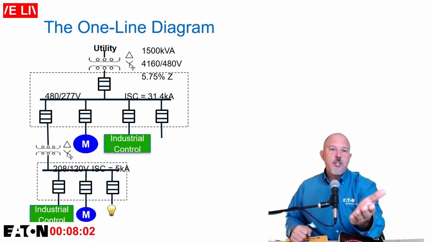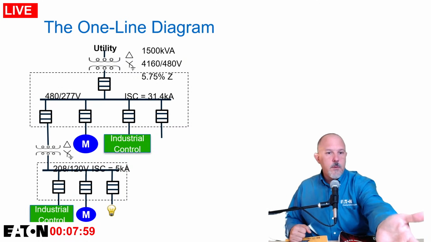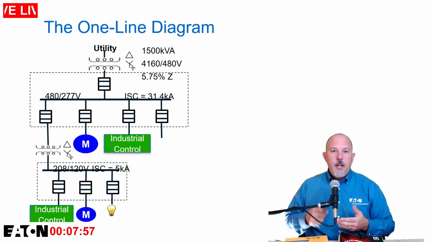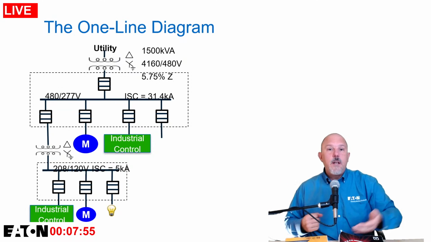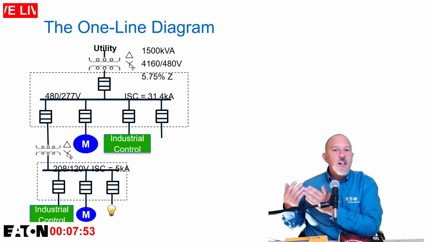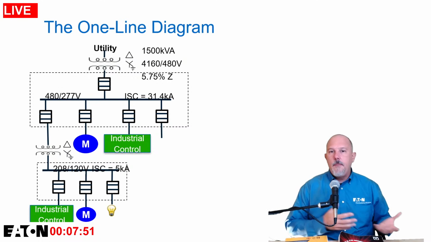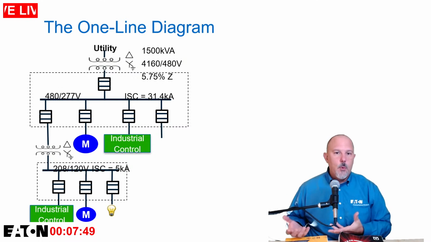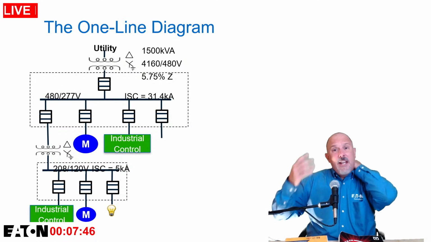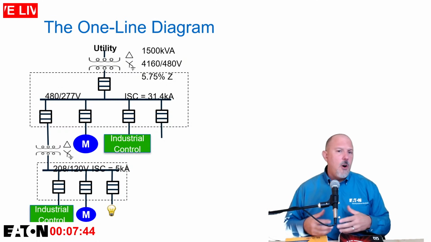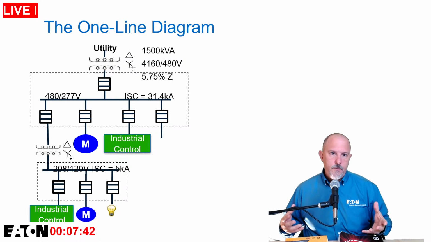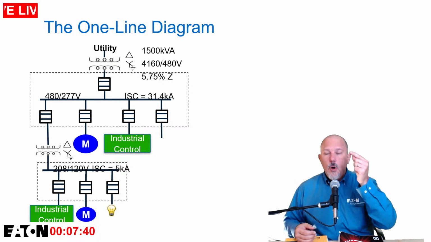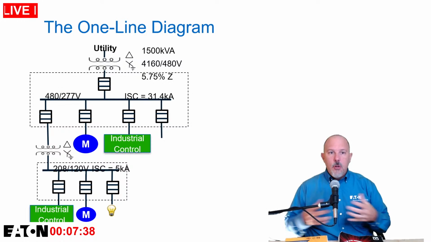And this is transformer T1, and the other transformer down below is T2. And you go to this other document and it tells you T1 is a 1500 kVA transformer with 5.75% impedance, and the primary and secondary voltages are 4160 and 480. And it could give you manufacturer, model number, and all these other details. But suffice it to say, you know what that transformer is by looking at this set of drawings.